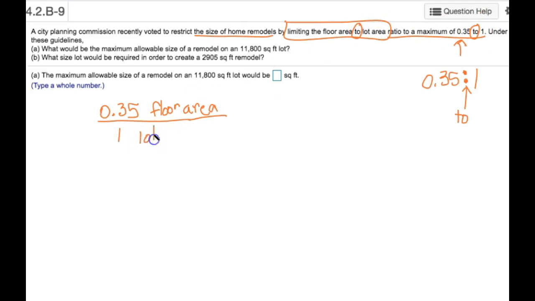On the other side of our fraction, we want to keep that consistent. So when I write my amounts for part A, I'm going to put the amount for the floor area on top, and then the lot area would be in the denominator.